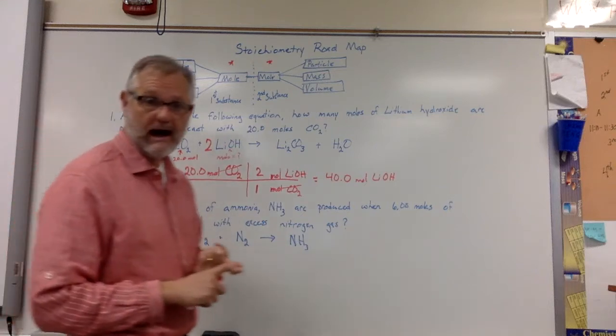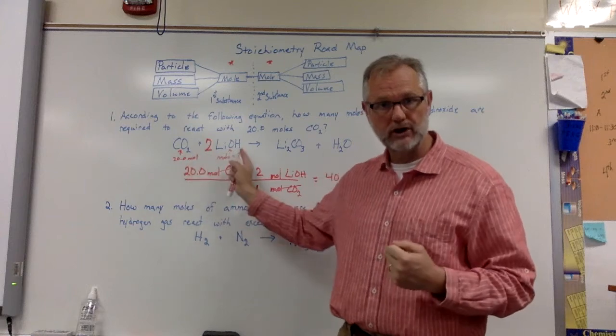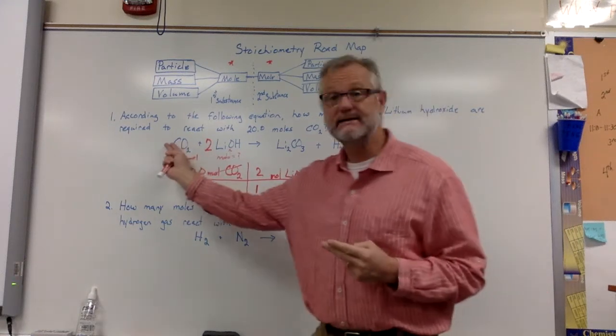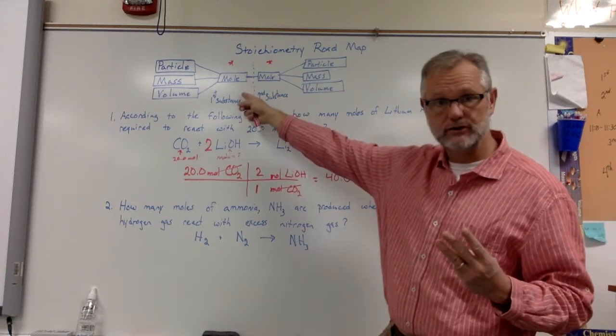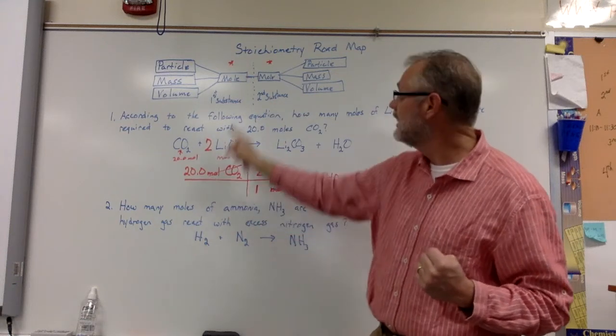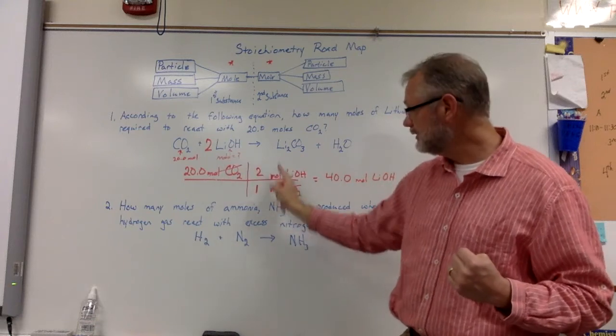So number one, I read the problem and I wrote in what I was looking for and what I was given. Secondly, I balanced the equation. Third, I went back up to my original stoichiometry road map and said, I'm starting here with moles. I'm going to here because they asked me to find moles.